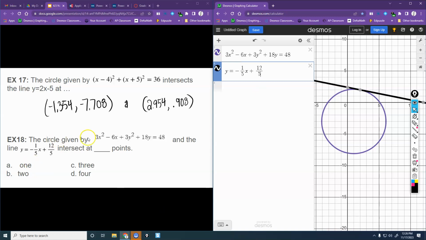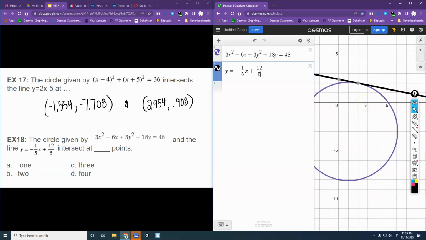And it asks us at how many points do they intersect? How many times do those intersect? Just once. Just at that point right there. So just one time for that. So you're just graphing them and seeing what happens for that.